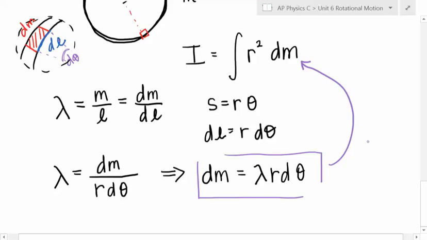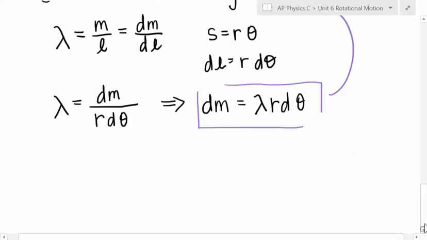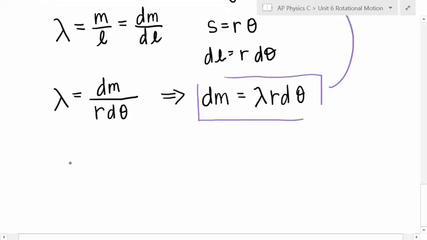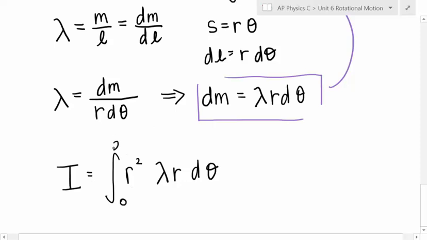And now I can integrate all the mass as I go all the way around the circle. I can sum up all the little bits of mass. So I would be equal to the integral of r squared, dm is lambda r d theta. And we're going to go all the way around the circle. So what are my limits? 0 to 2 pi. Very good.